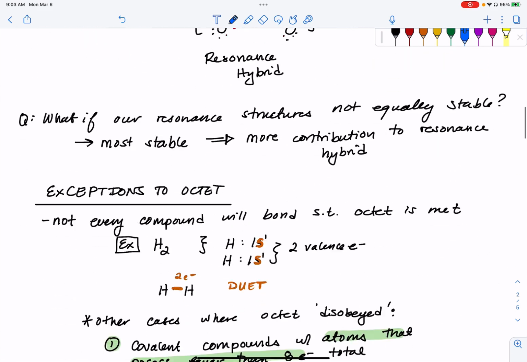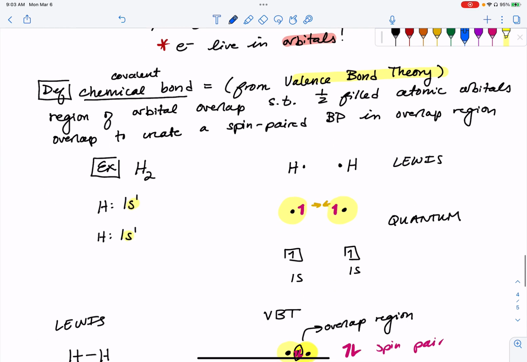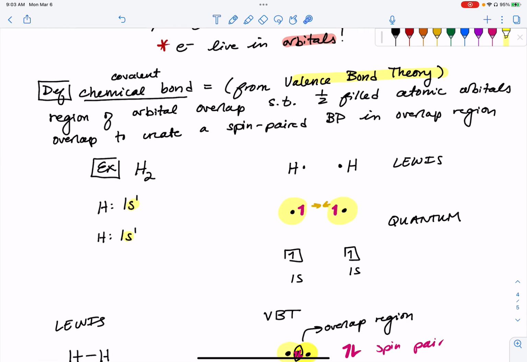It's still a facet of valence bond theory, where again, valence bond theory says that a covalent chemical bond is the result of overlapping atomic orbitals that are half full, and the overlap resulting from the bond being formed creates a bonding pair that is spin paired. We're going to look at what atoms do in order to achieve this according to valence bond theory, and then I think that will be all for today.